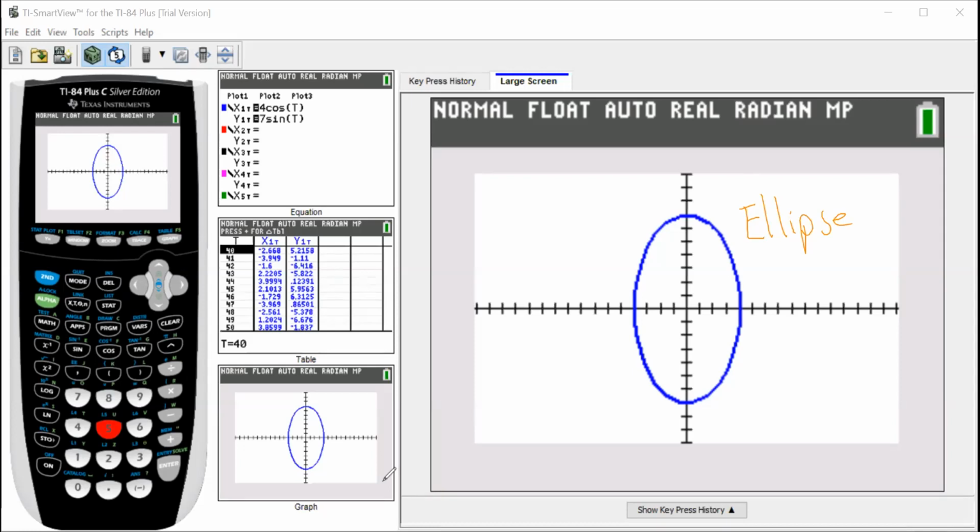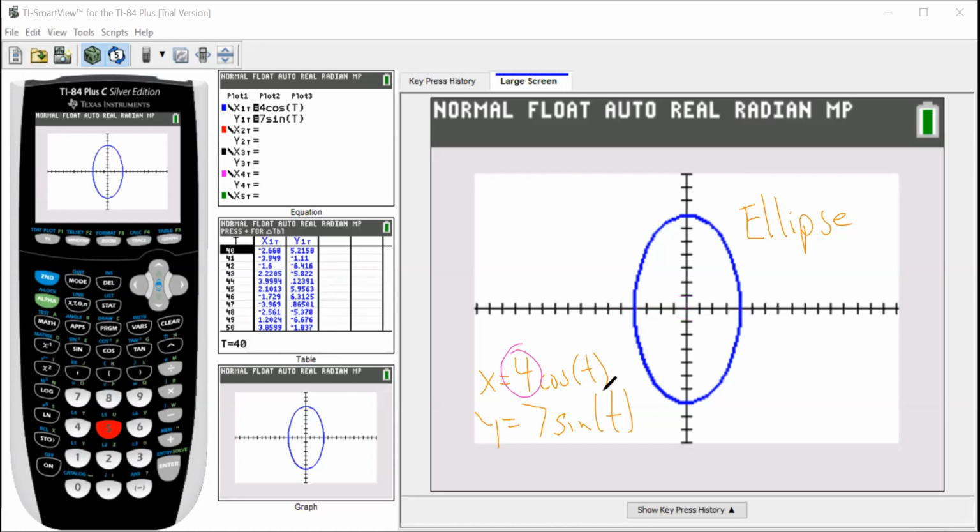I also want us to notice that our original set of equations for this was x equals 4 times cosine of t and y equals 7 times sine of t. If we compare that to what we see in the graph, along the horizontal axis, the x-axis here, it looks like from the center we go 4 units in each direction, and there's a 4 here as the coefficient.